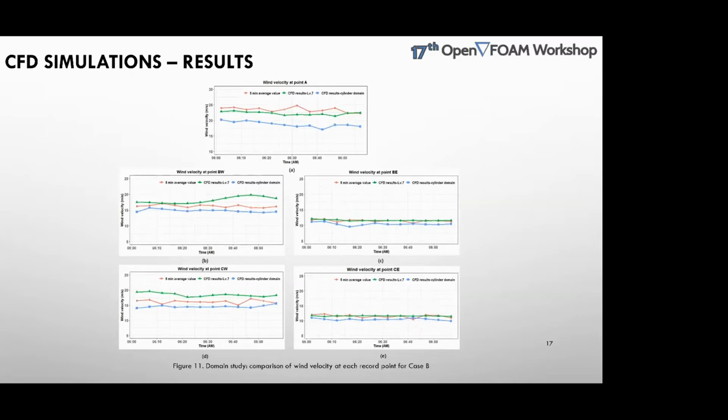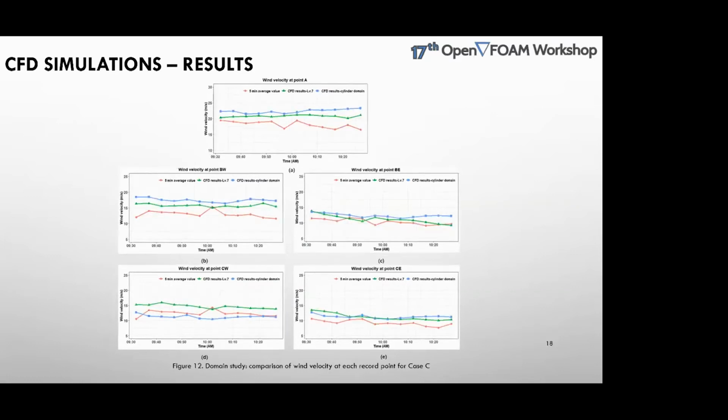For these cases, the results difference for the rectangular domain is 7.6%, and the cylinder one is a little bit higher, at 11.2%.